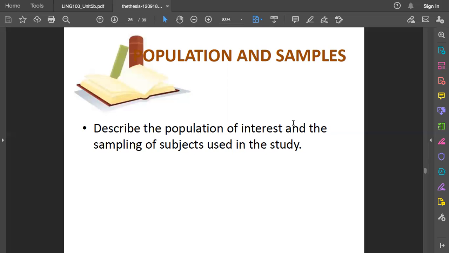I set a criteria on who will be my respondents. The criteria were first-year students who should belong to education, studying this subject. So I had two sections. I did the pre-test and the post-test.